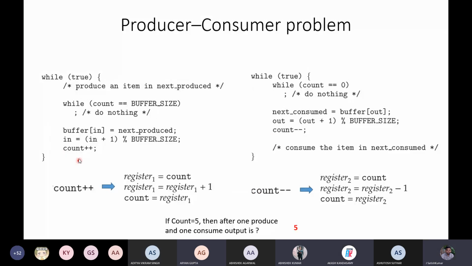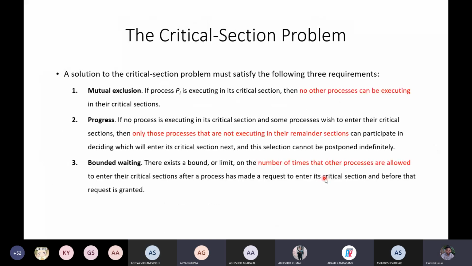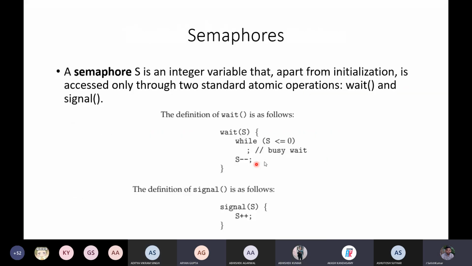When you are manipulating count in the producer and consumer, you should put them into the critical section using the semaphore. You write this logic inside the producer and consumer. This will work. Okay, sir.